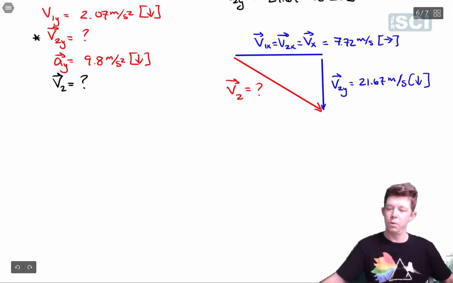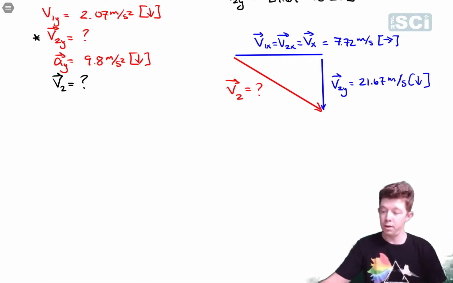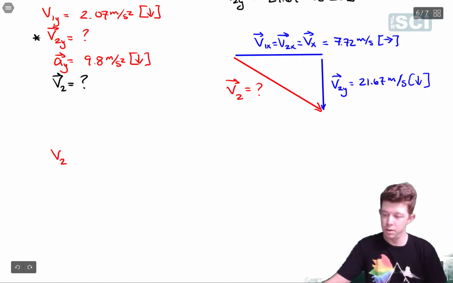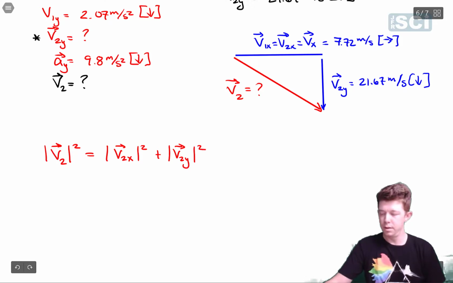Okay, so when I do that, it's a right triangle. So I can use Pythagorean theorem. I can say V2 magnitude squared is equal to V2x magnitude squared plus V2y magnitude squared, which means that V2 magnitude is equal to the square root of these two values.